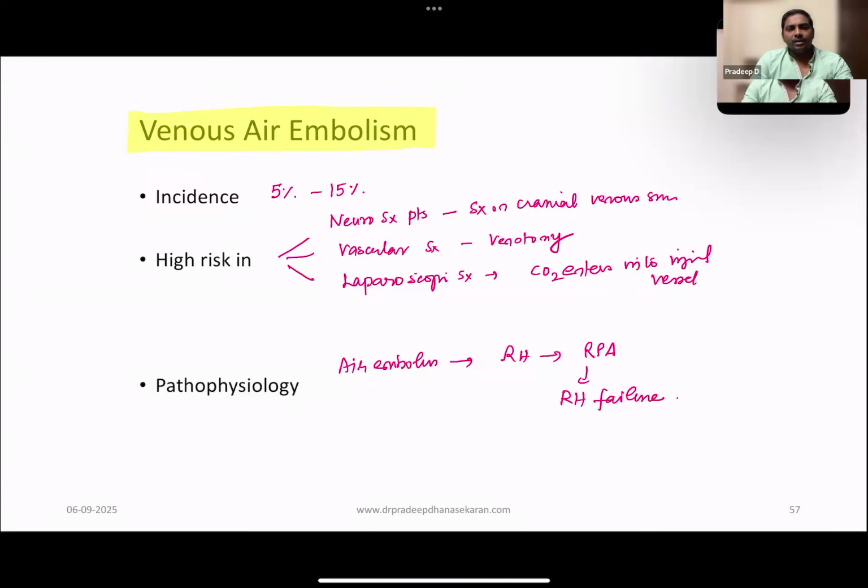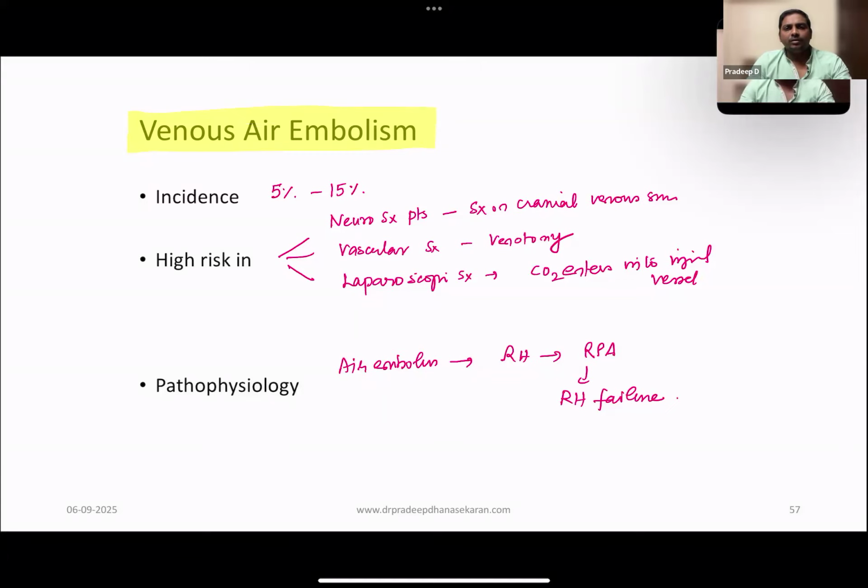Vascular surgery, while making a venotomy, is another risk. That is why while closing the venotomy, you de-air, release the clamp, let the air come out through the final stitch, then make the final stitch to prevent the air entering.